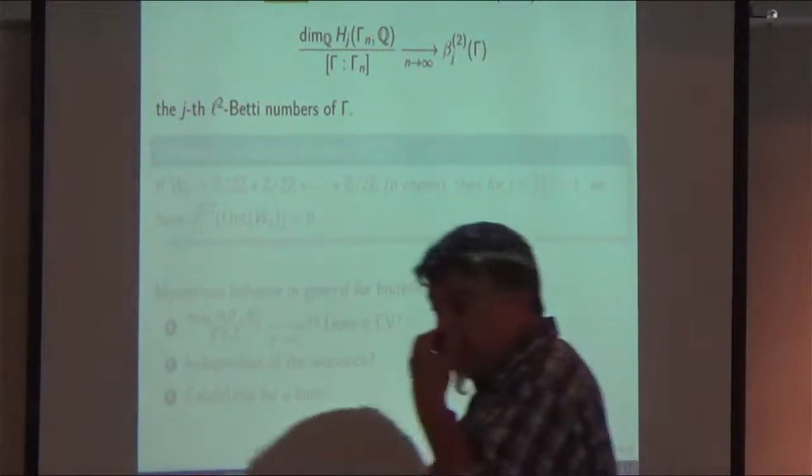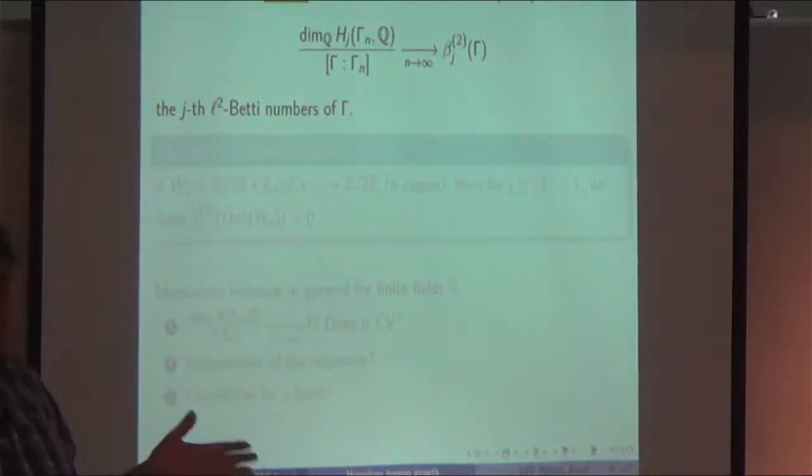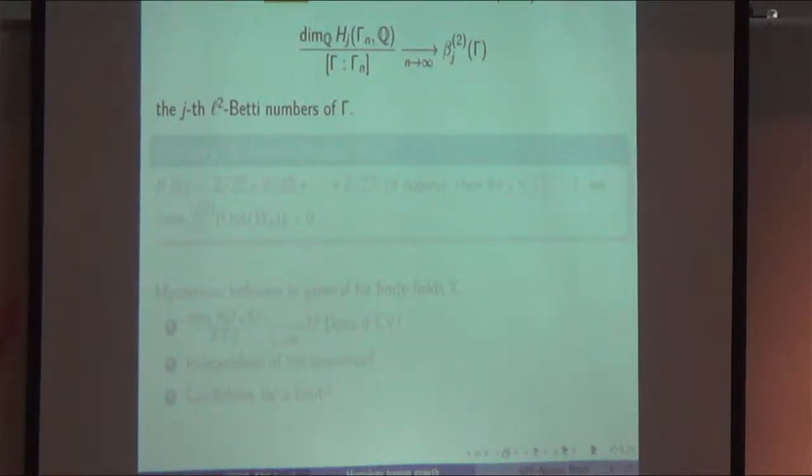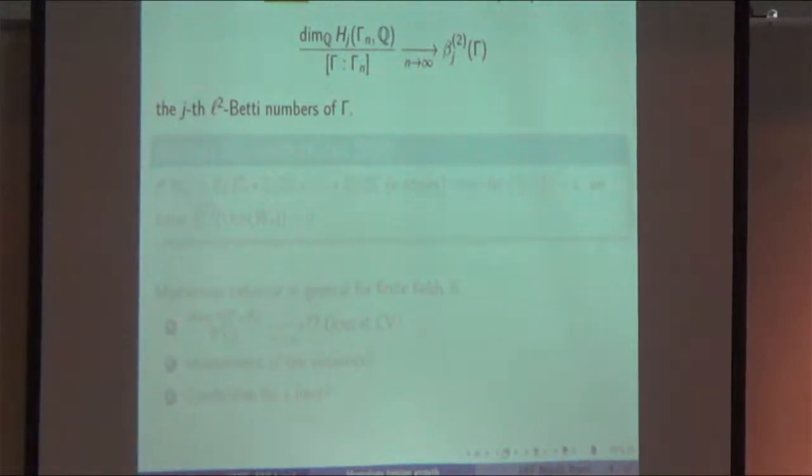So when you have groups, Cheeger and Gromov defined a series of invariants. They're the L2 Betti numbers. They are defined for every degree, unlike the usual Betti numbers for groups that lack some finiteness properties. Anyway, the Lück approximation theorem claims that the quantity we are after, this growth, converges to the corresponding Betti number.